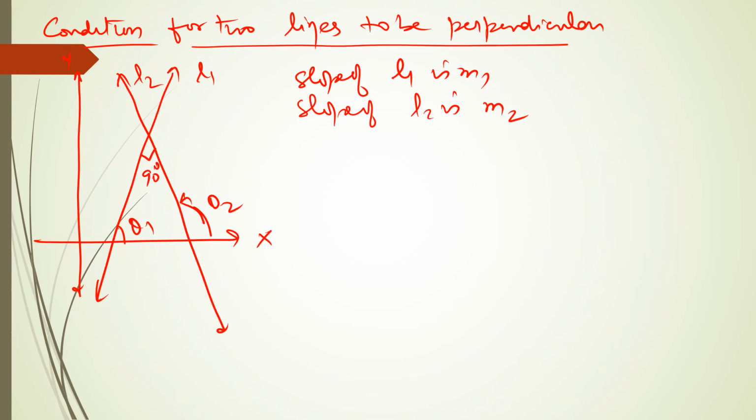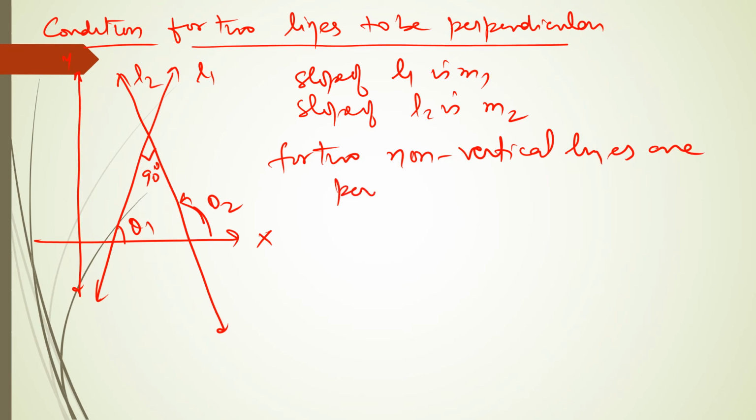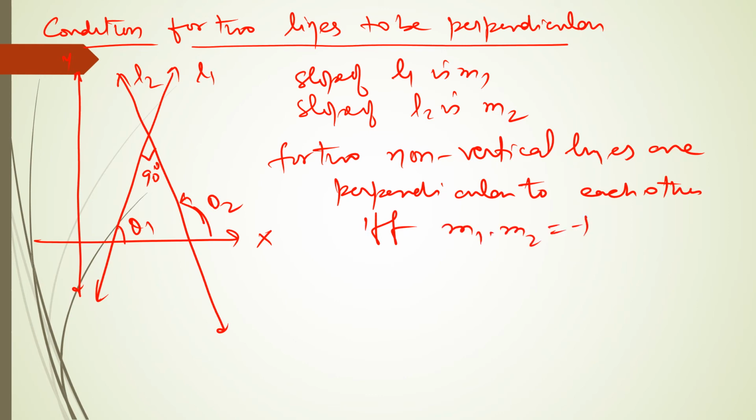So here, two non-vertical lines are perpendicular to each other if and only if m1 into m2 is equal to minus 1.